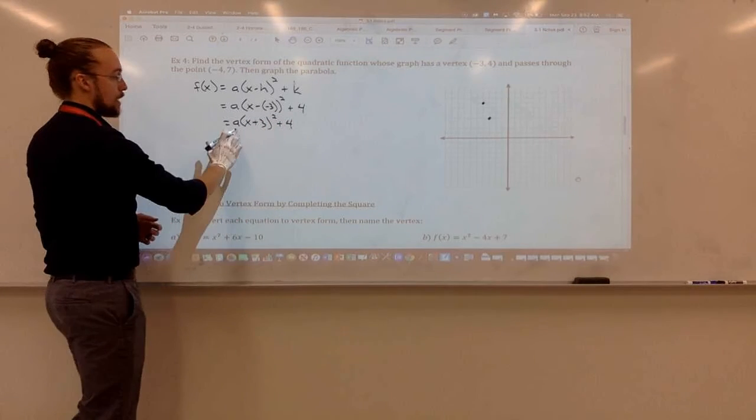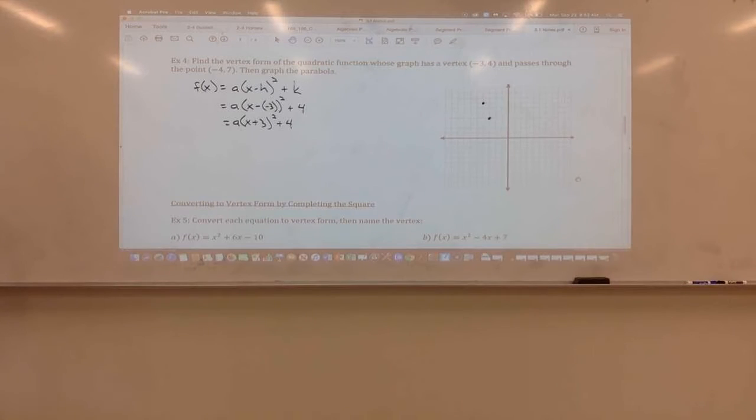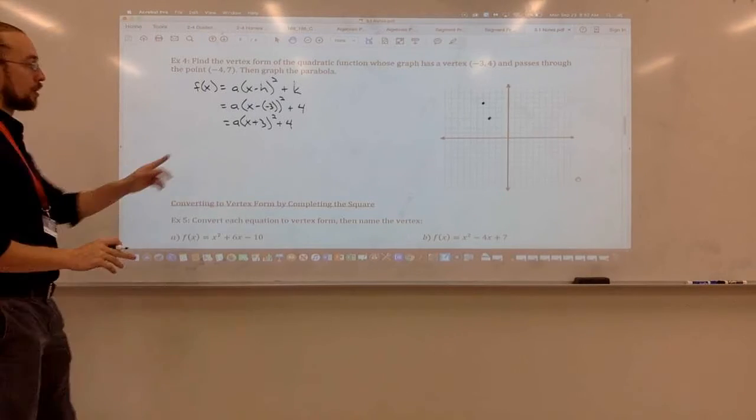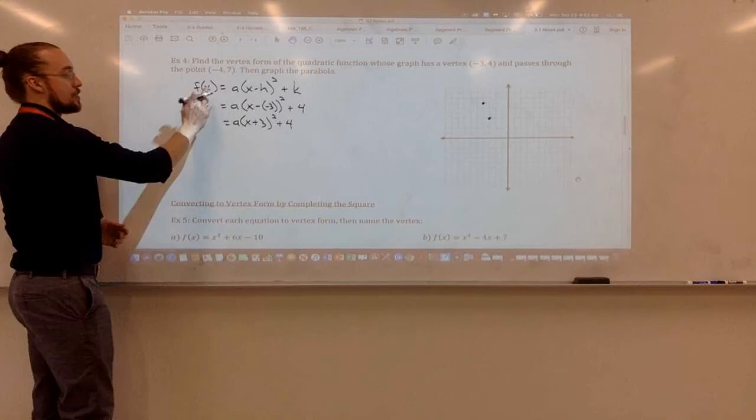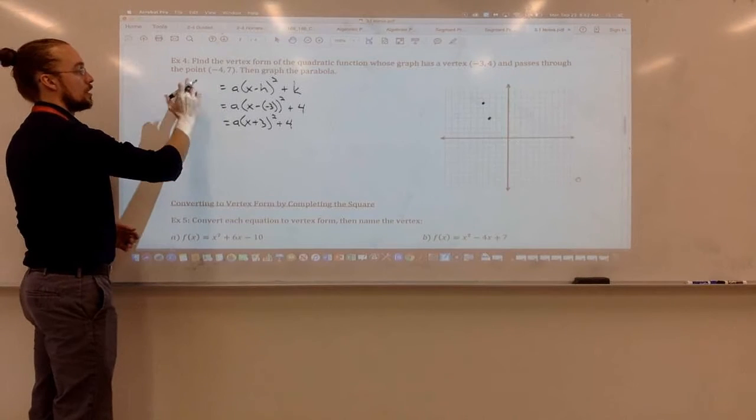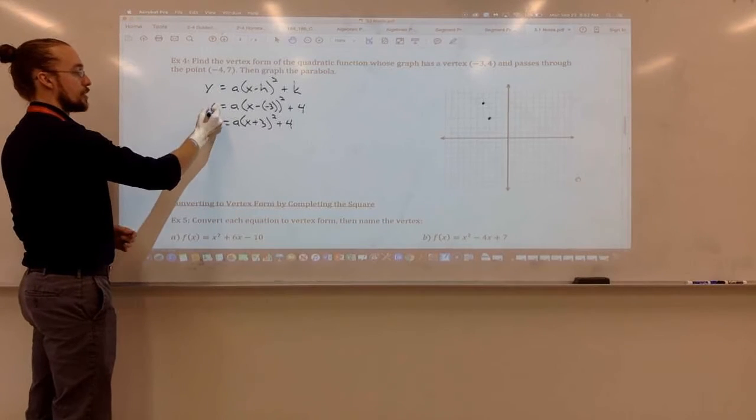But now, how do I figure out what a is? Given another point on the graph, how would we figure out what our a value is? Any ideas? It might be a little more obvious if instead of f of x we write y.